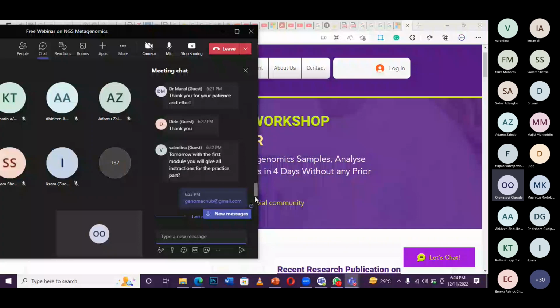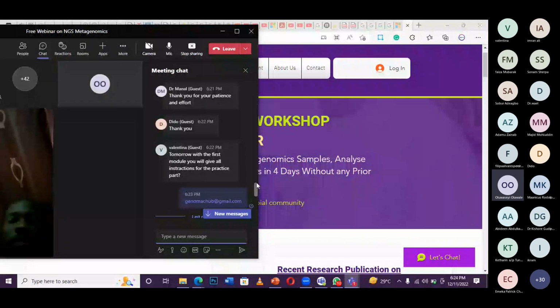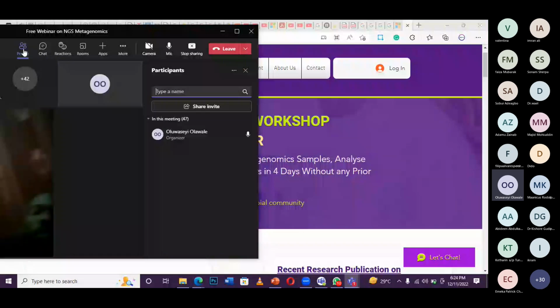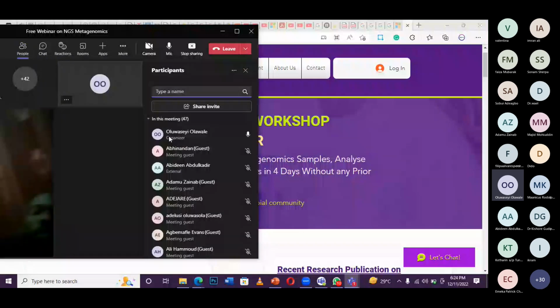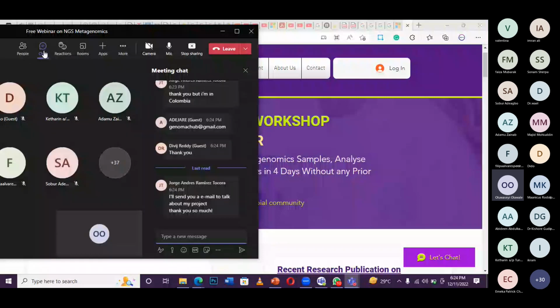Step by step, you will become an advanced microbial analyst, such that you'll be able to do this analysis whenever you get the real life data. We'll show you how you get the real life data. And then I will show you a practical step by step approach to analyze your sample.